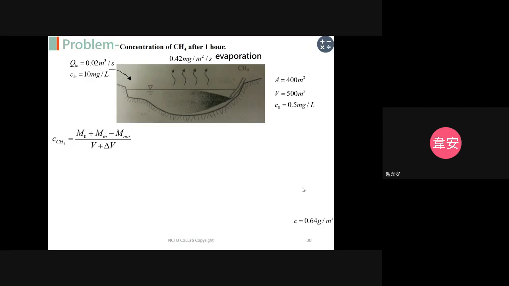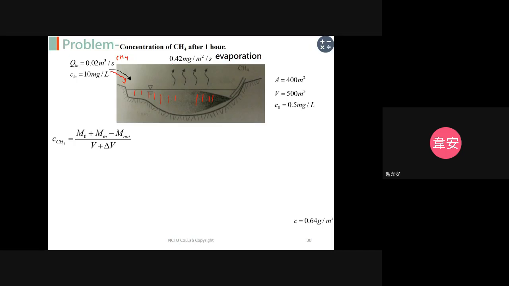As you see, this is one of the problems. We have some inflow, and this is the inflow discharge of the CH4, and the CH4 discharge just flows into the river.